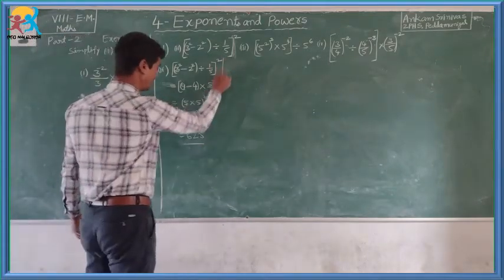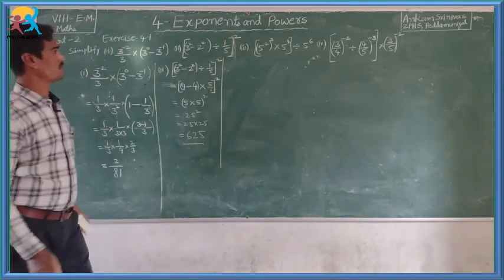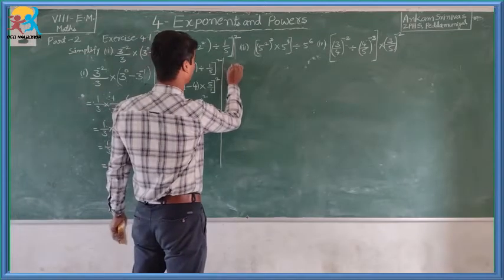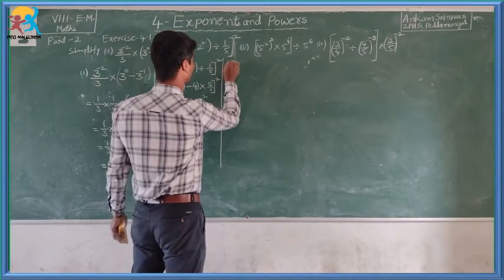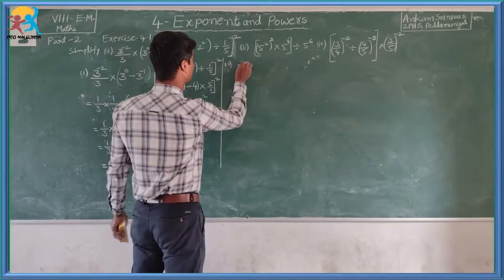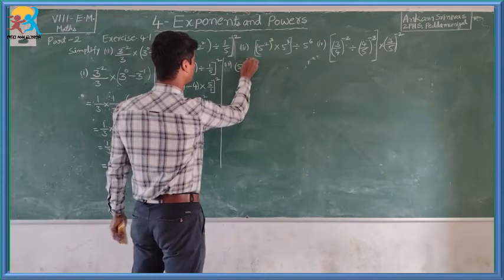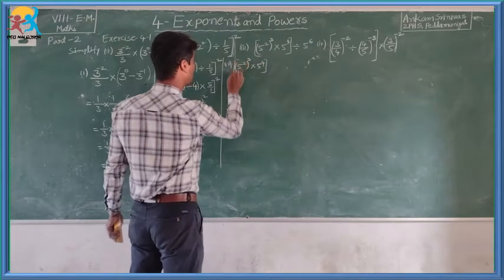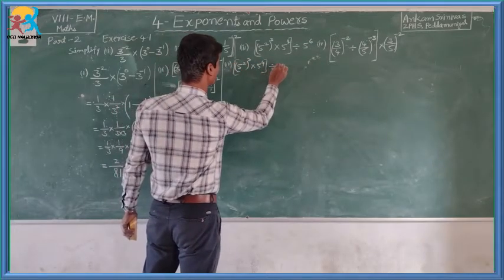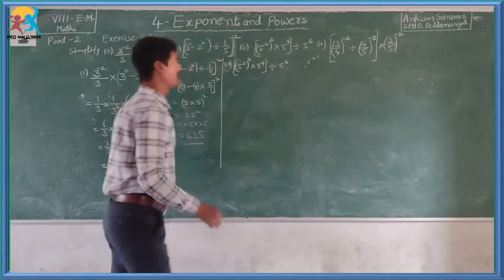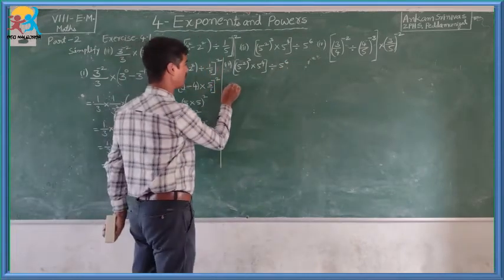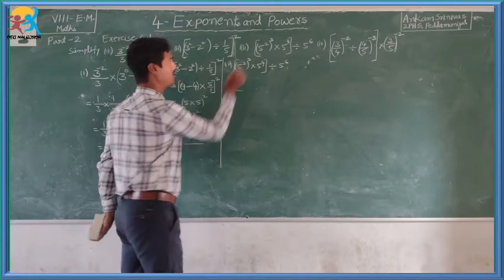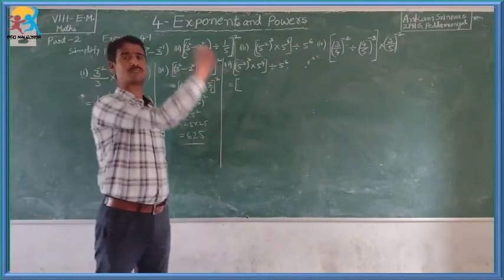Now the next problem, the third one, given that 5 square whole cube into 5 power 4, whole divided by 5 power 6. So do it one by one. First do the bracket work. Bracket power of exponent.